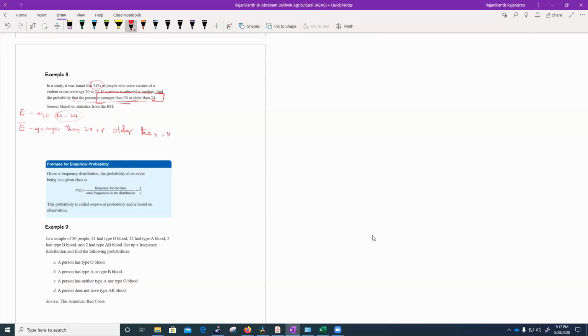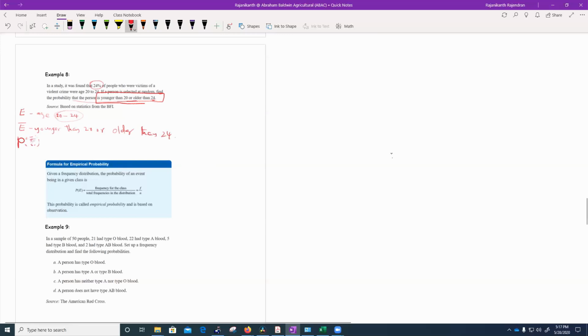If my event E is age from 20 to 24, then my event E bar is the negation of that, outside of that event. So it's going to be outside of that range, technically speaking. So it's going to be less than 20 or older than 24. So in notation wise, if you want to find the probability of that event, that is nothing but the probability of E complement, right?